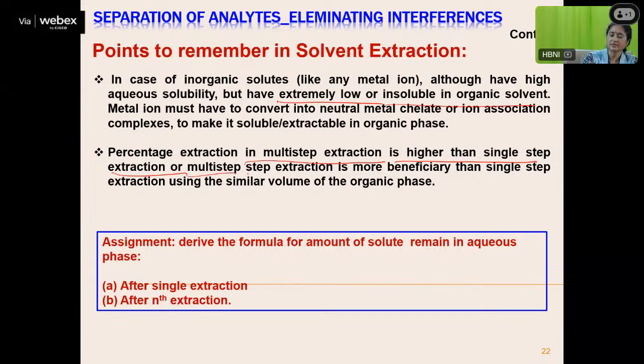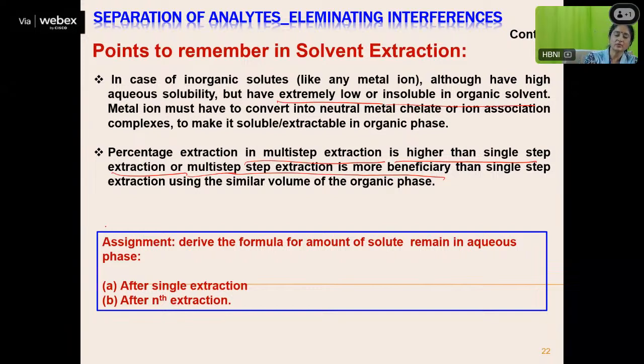Say a single extraction extracts 80%. Now 20% still remains in the aqueous phase. If you extract once more, then 80% of the remaining 20 will be extracted. Therefore, with multiple extractions, almost the total analyte can be extracted into the organic phase.